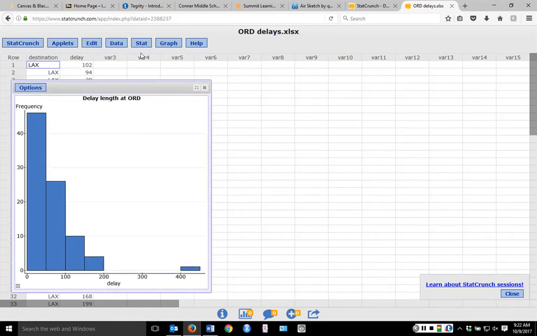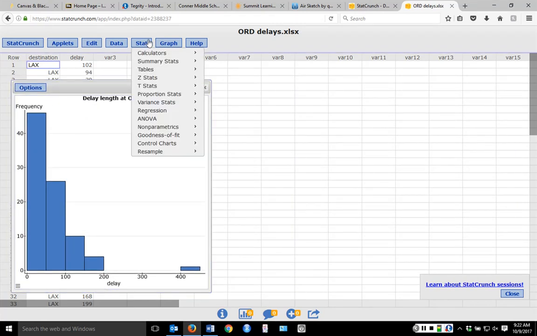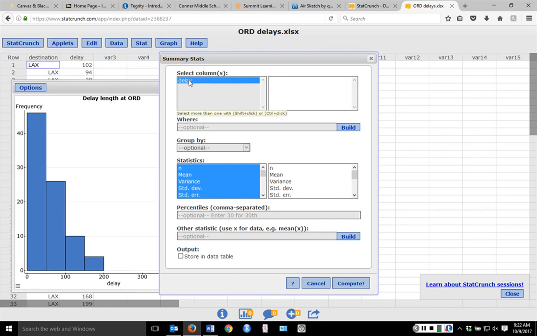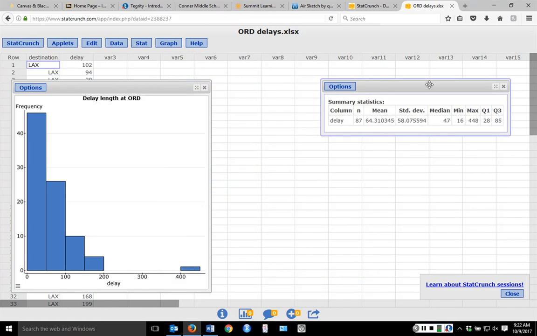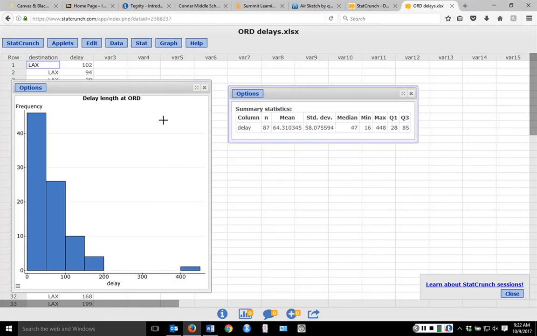To get our summary information, like the mean and the median and the standard deviation, that was Stat, Summary Stats. We chose a column because our data was organized as a column. Clicked our variable, unclicked the stuff we didn't really need, and hit compute. So there's how we get that summary information.